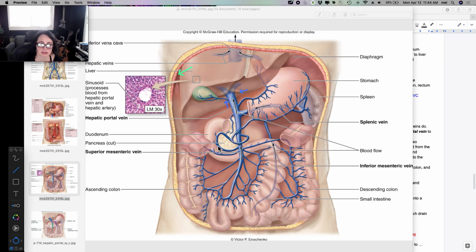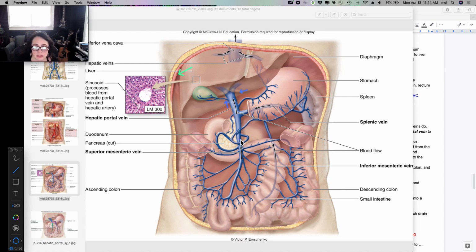What we have to do is get some directionality. These are the major vessels. There are more vessels in hepatic portal circulation, but the big ones that you are going to have to know are the front leg of the chair, the back leg of the chair, the seat of the chair, and then the back of the chair. So let's do them in order.